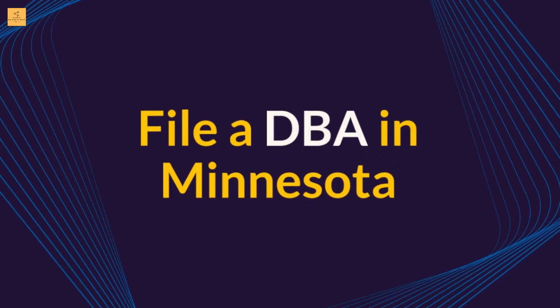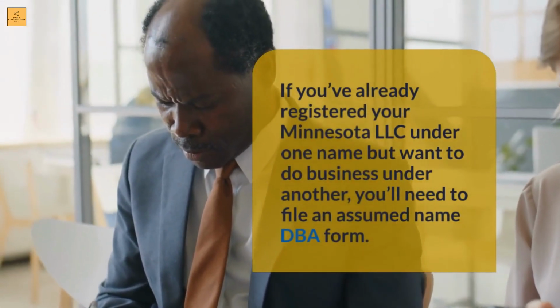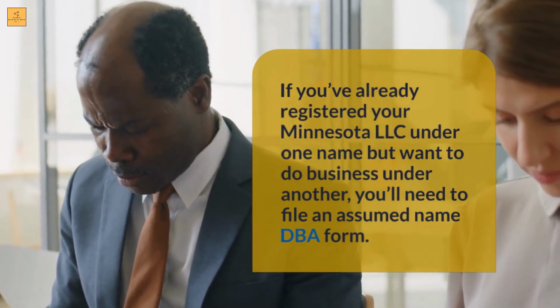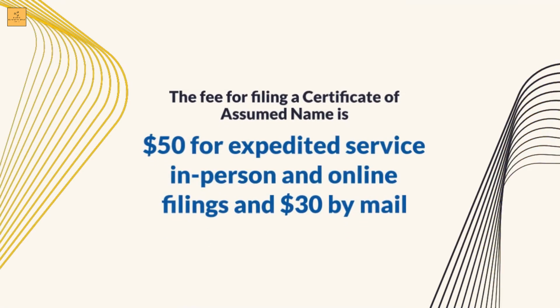File a DBA in Minnesota. If you've already registered your Minnesota LLC under one name but want to do business under another, you'll need to file an assumed name DBA form. The fee for filing a certificate of assumed name is $50 for expedited service in person and online filings and $30 by mail.